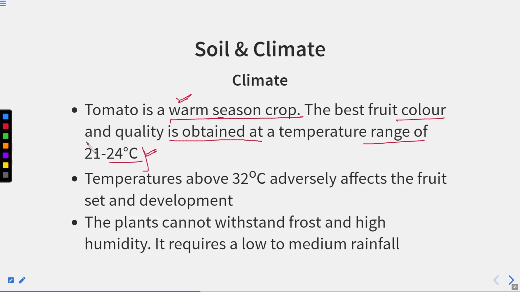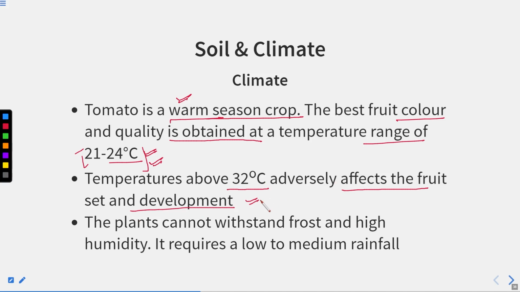This is the temperature at which the fruit color of this particular crop becomes best, and the quality of the fruit is also very good. The temperature above 32 degrees centigrade adversely affects the fruit set and the development.